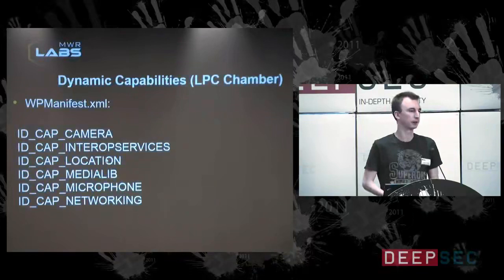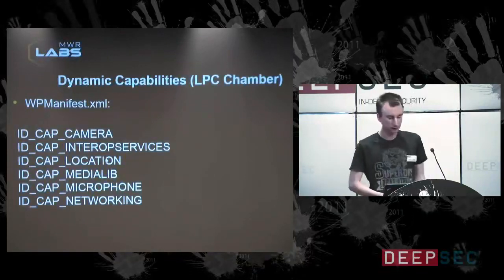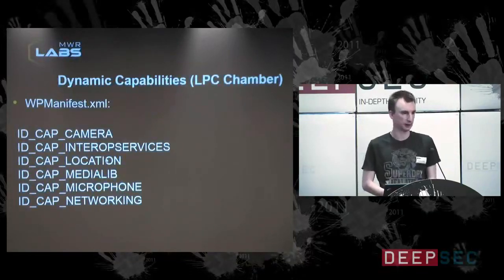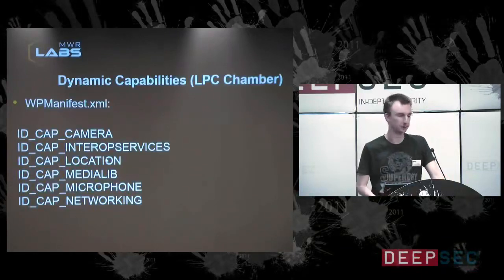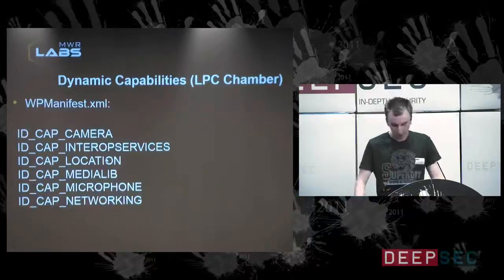So when you develop an application for Windows Phone 7, you specify what capabilities the application should have. These are things which are security critical or privacy critical functionality, such as access to the camera, access to the microphone, networking, and so on.